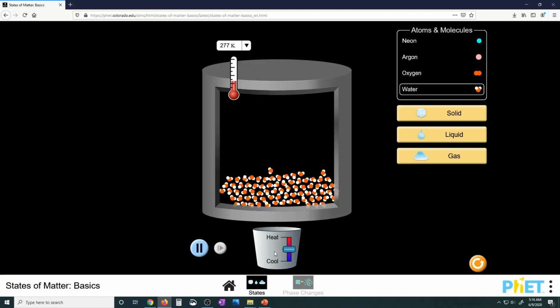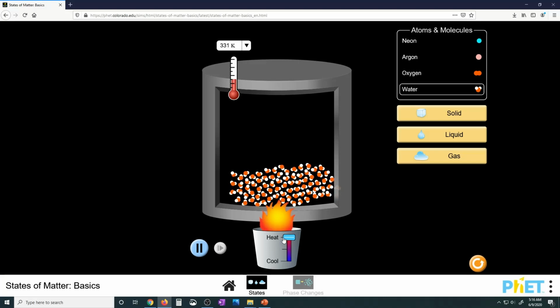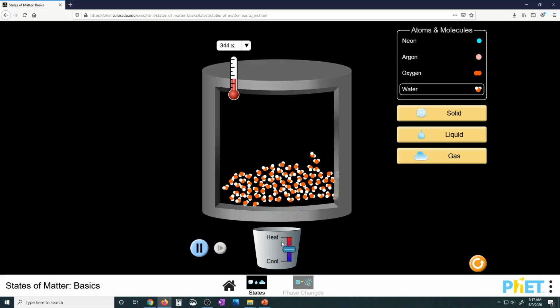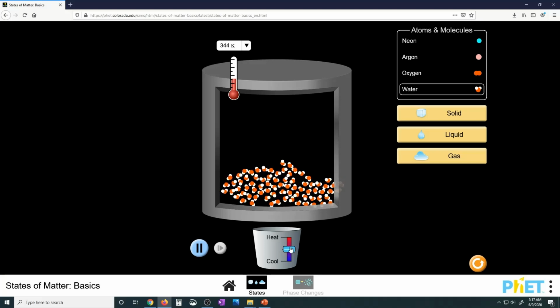If I add heat here, I warm them up. What you're seeing is they're starting to shake faster. They're getting a little more excited. They're moving around more. They're spinning more. This is what we mean by the average kinetic energy. So the higher the temperature, the more these things start really moving around.